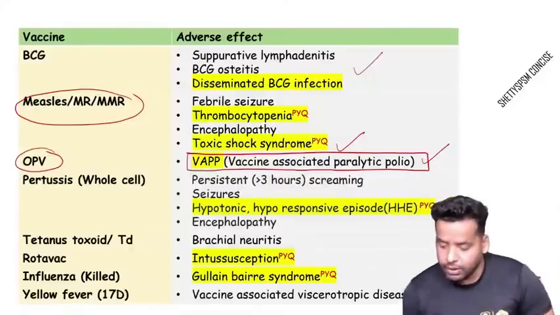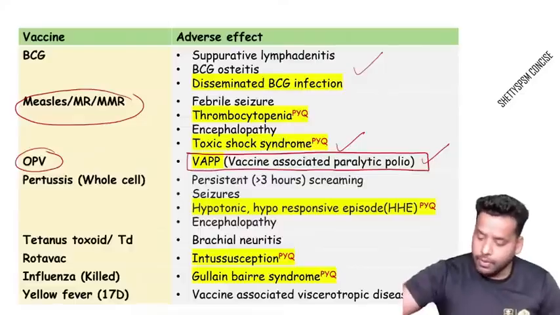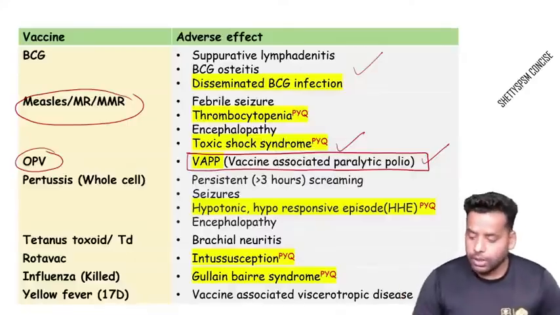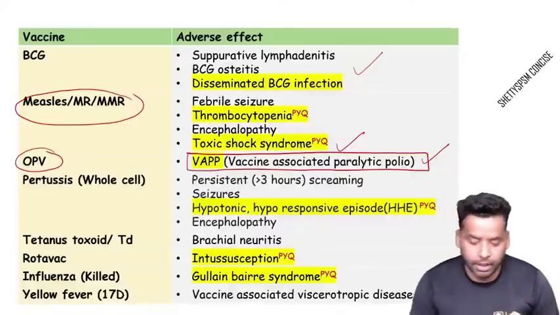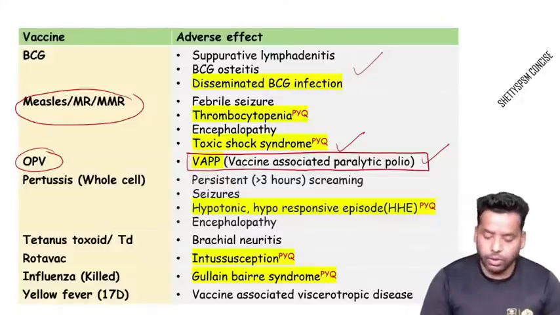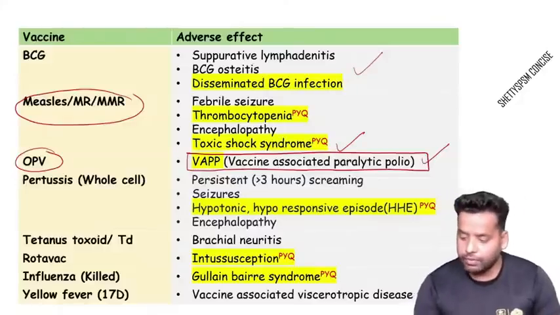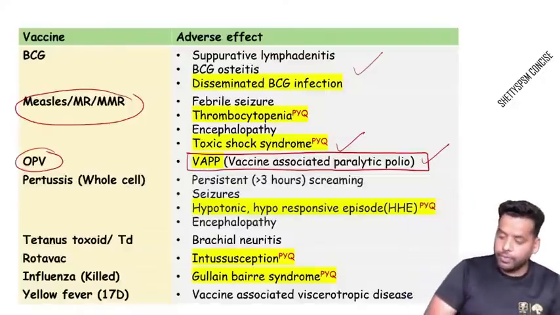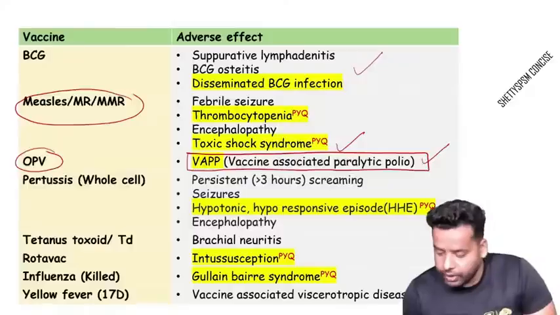Oral polio vaccine. Why can VAPP happen in OPV? Because it is a live attenuated vaccine. Live attenuated vaccine can cause vaccine associated paralytic polio. So OPV can cause VAPP in a child who has received OPV if the child is congenitally immunodeficient.